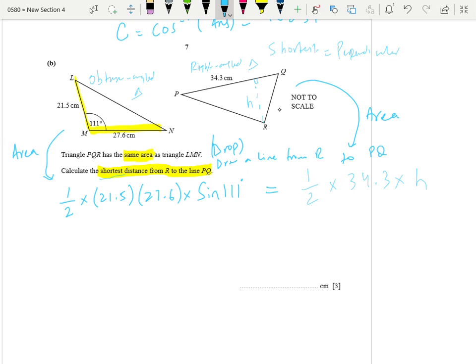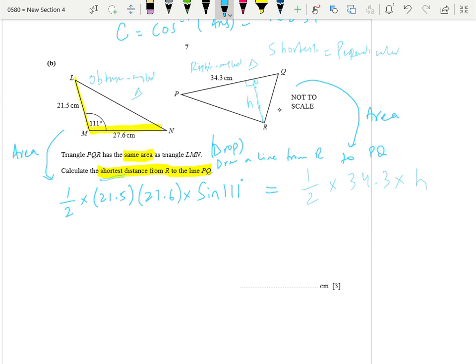Because we dropped a line from R to the line PQ, and since the question asked us to find the shortest distance, that line that we dropped is definitely going to make a right angle, as is mentioned here, like this. So this is going to make a right angle like this, and you can just complete the line and draw a proper right angle right here. So half into b into h.